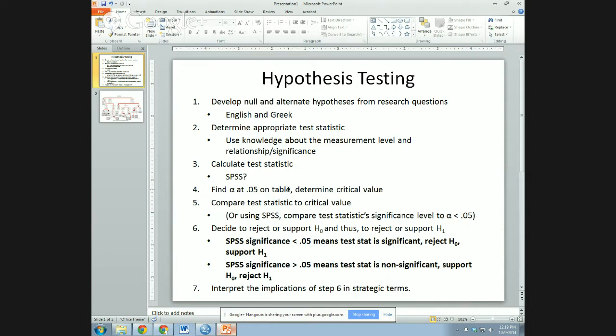So what does that mean? Well, again, it depends on what our hypotheses are asking. If the test statistic is significant, if it's less than 0.05, that means that there is either a significant association or relation. What test do we use that with?